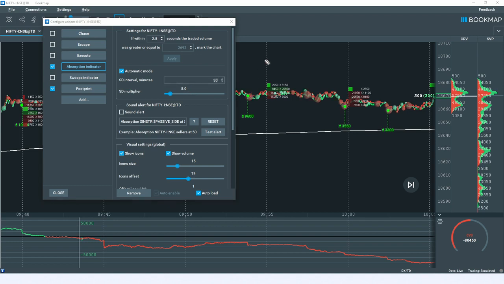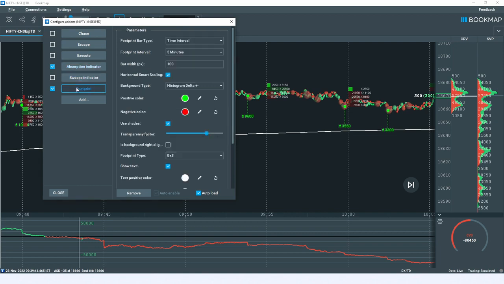So assume 5 is the average orders executed in the last 30 minutes; multiplied by 5, the input considered here will be 25. At the present moment, it is considering 2692. Since you are keeping it as automatic mode, this number will be updated automatically based on recent information. That's why I don't want to change anything here.